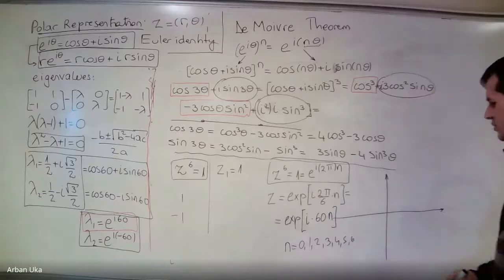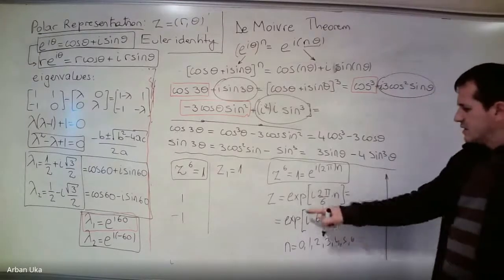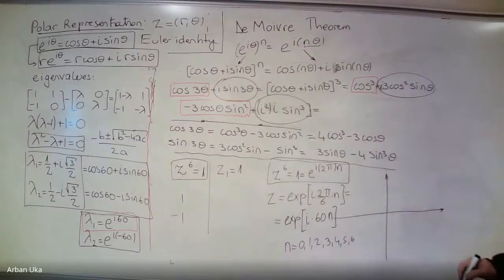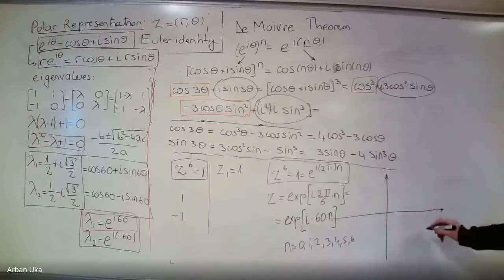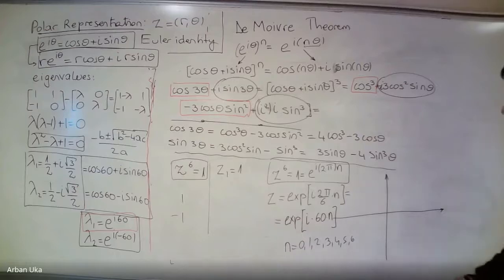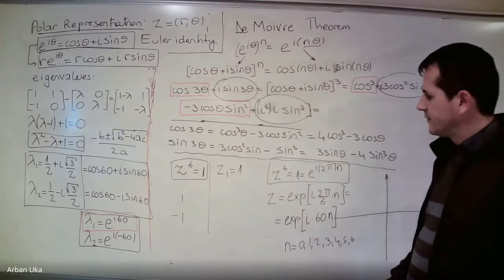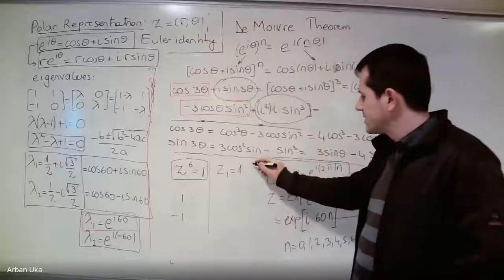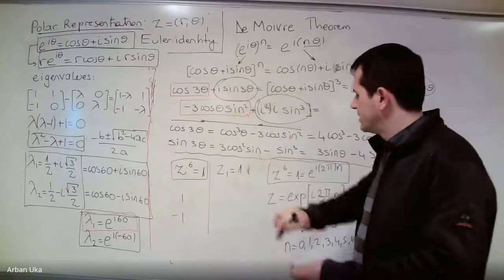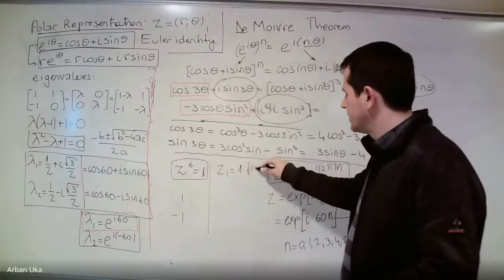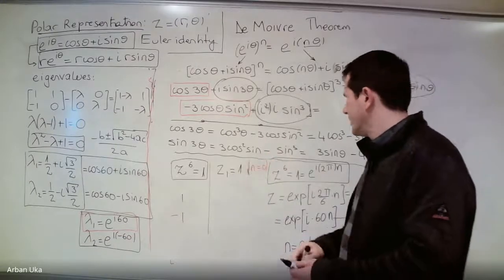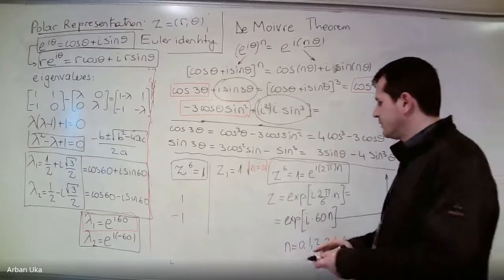So what is this z if n is equal to 0? 1. Yes. So this is, let me write it here, when n is equal to 0.